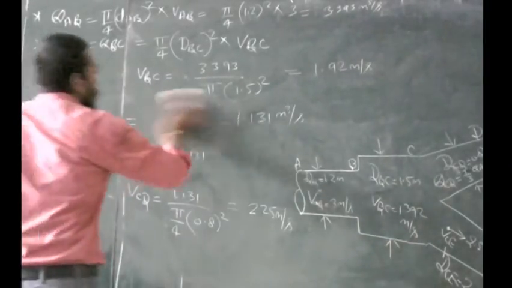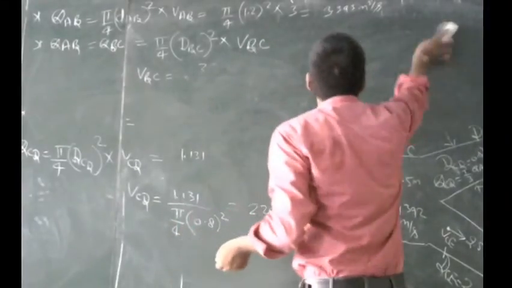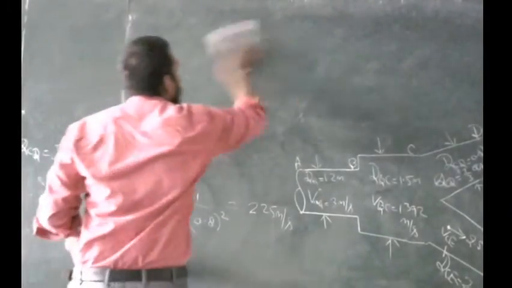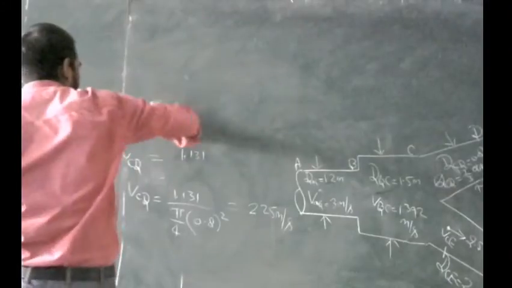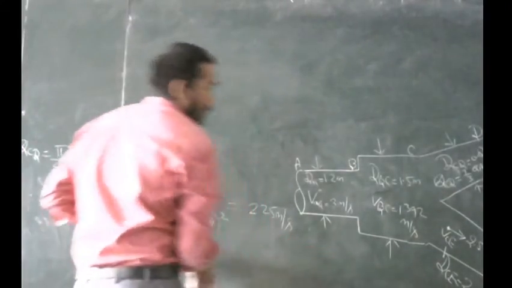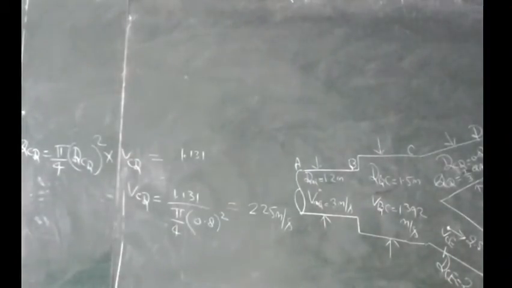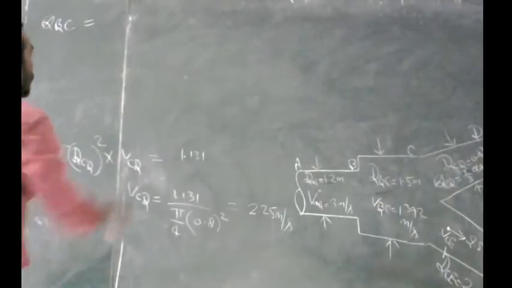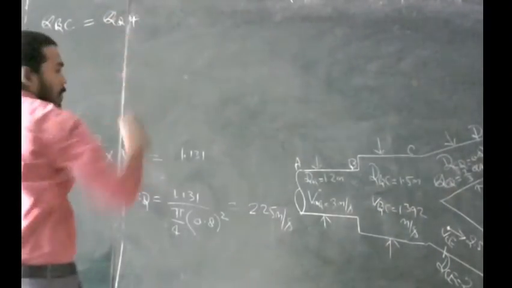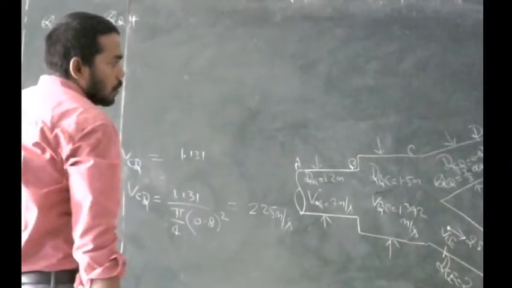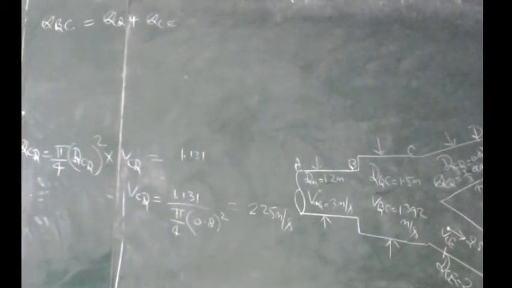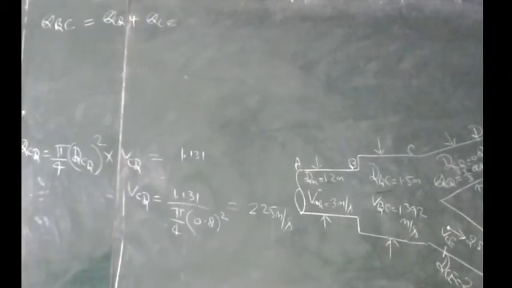Okay, next is DCE. We know that QBC equal to QCD plus QCE. QBC is 3.393.